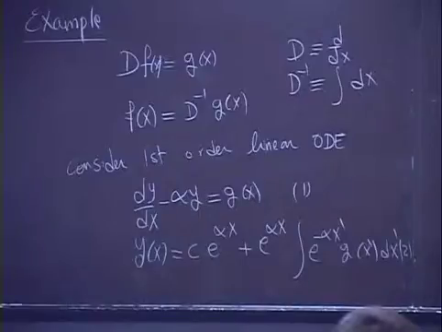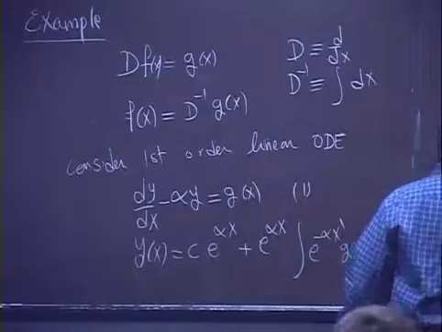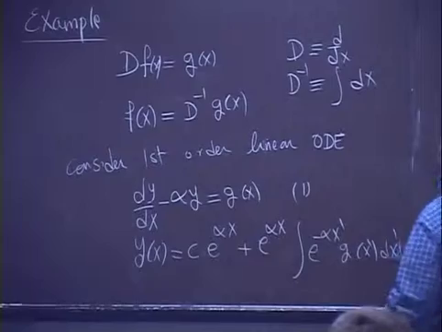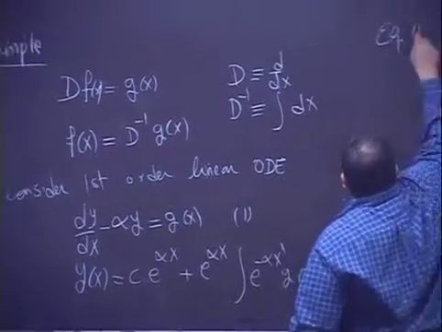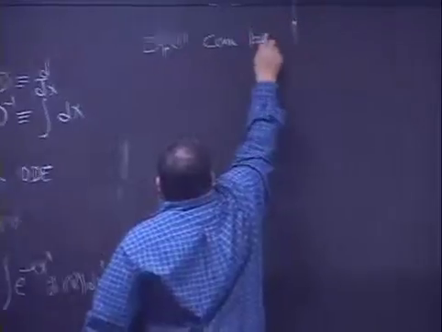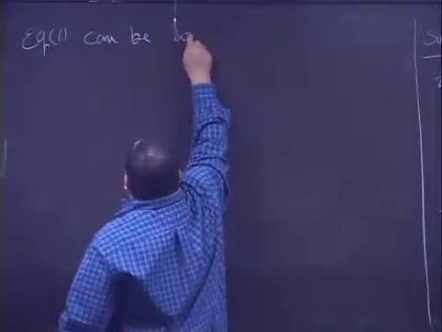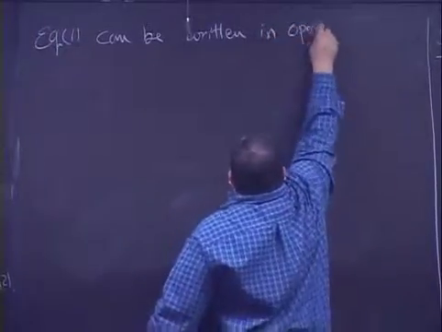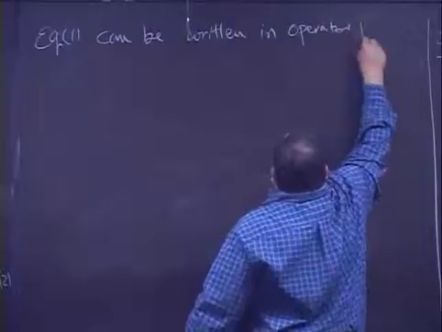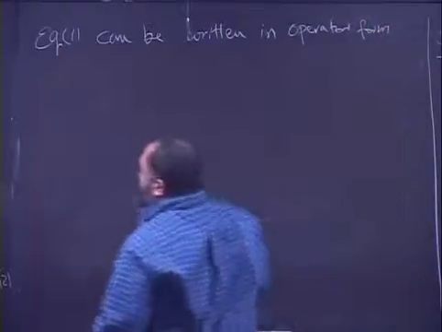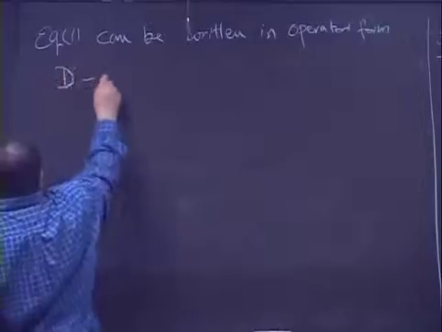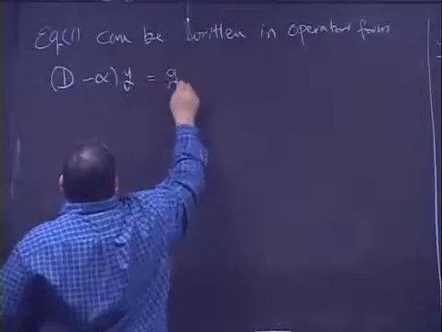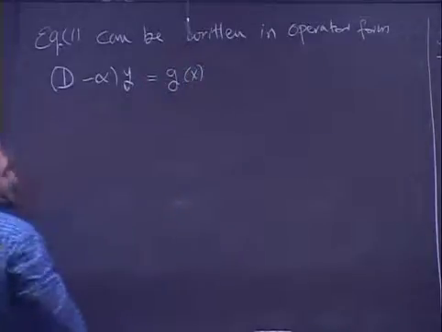So now I can write equation 1 in operator D form as (D minus alpha) operated over y equal to g of x.